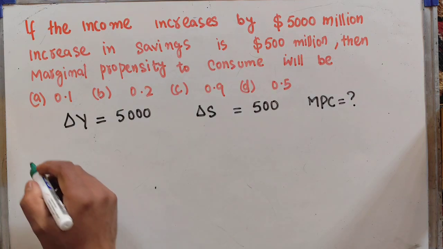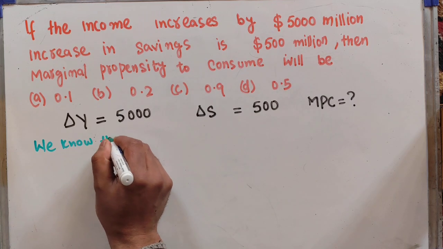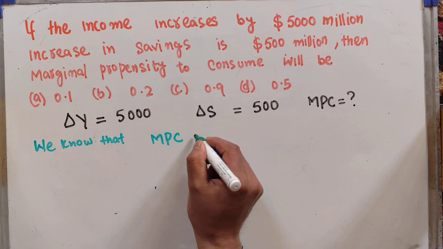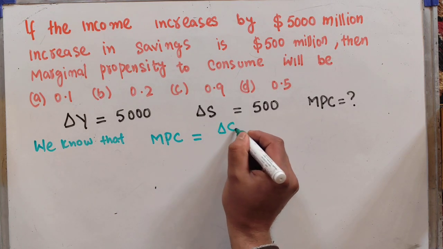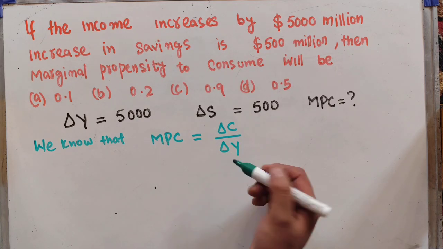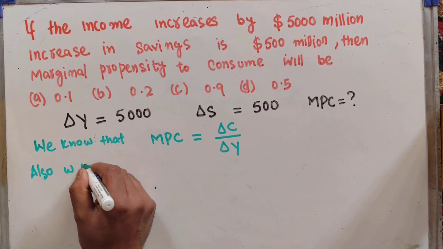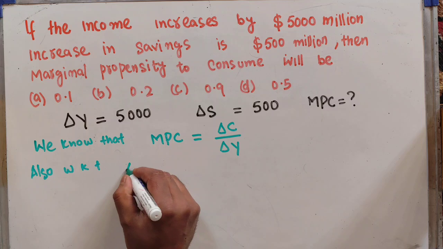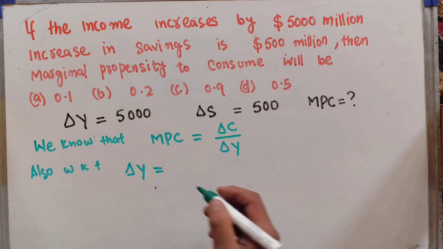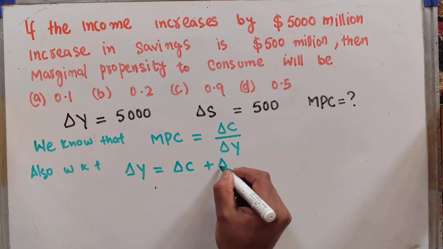Now we know that marginal propensity to consume is simply equal to the change in the consumption due to the change in the income, del C upon del Y. Also we know that the change in the income will be because of the two components, that is the change in the consumption plus the change in the savings.